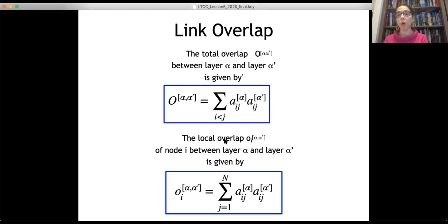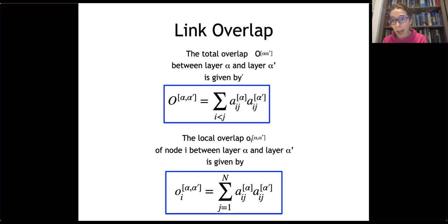And then you have the local overlap, o_i^{alpha alpha prime}, that instead for each node i characterizes how many connections are connected both in layer alpha and in layer alpha prime. So how many friends of node i speak with him both by email and mobile phone, for instance.